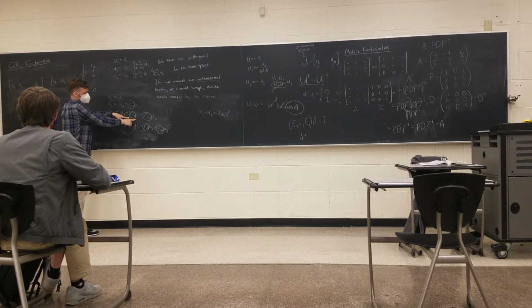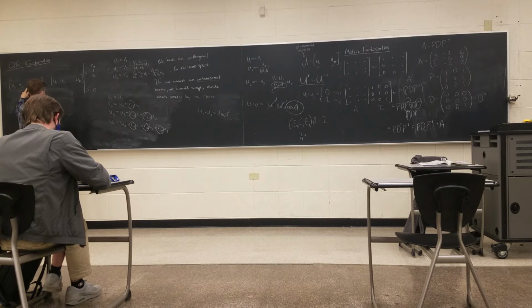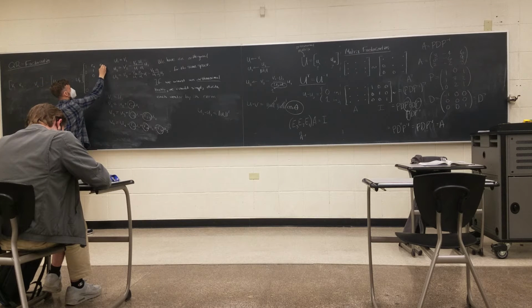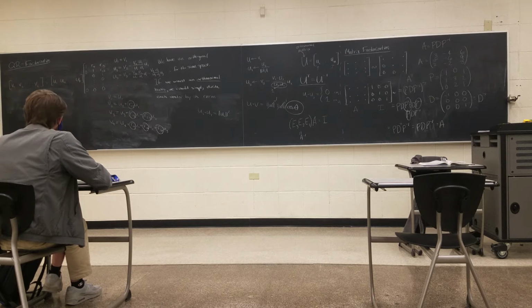What about the next entry? V3. It's R13, R23, 1, and a bunch of zeros. And we see how this continues.